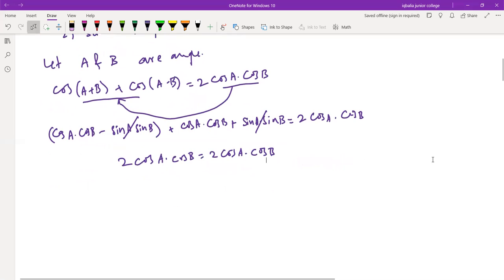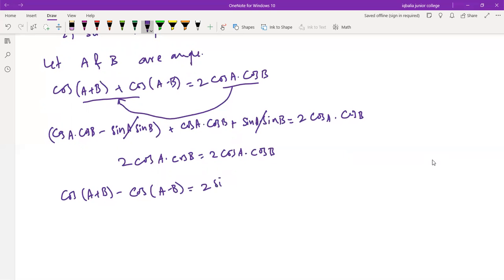Similarly, I am able to find cos(a+b) minus cos(a-b), that is, you will get 2 sin a sin b. Similarly, when you have sin(a+b) plus sin(a-b), then you will have 2 sin a cos b.